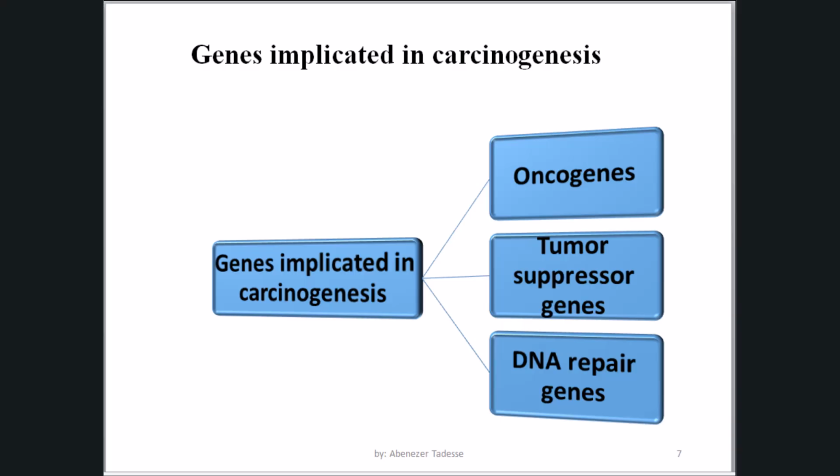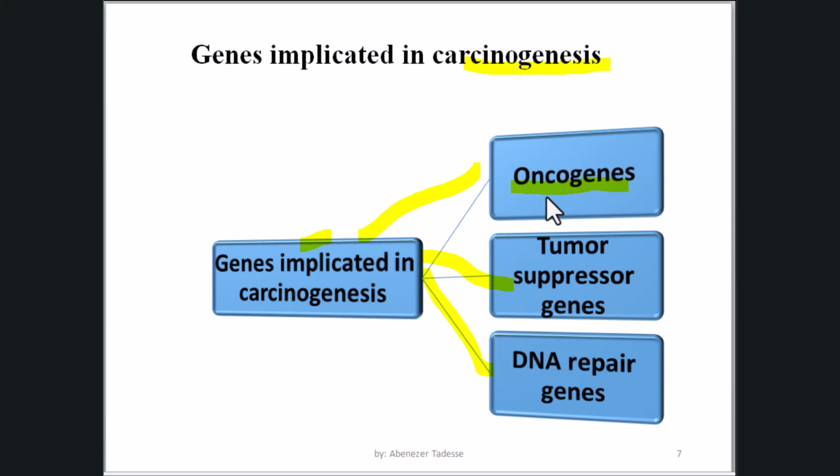Very nice. Here, as you see, are various genes that are involved in carcinogenesis, the development of cancer. These are normally genes that regulate the development of cancer. Normally, these are oncogenes. An oncogene is an abnormal or mutated gene derived from proto-oncogenes.